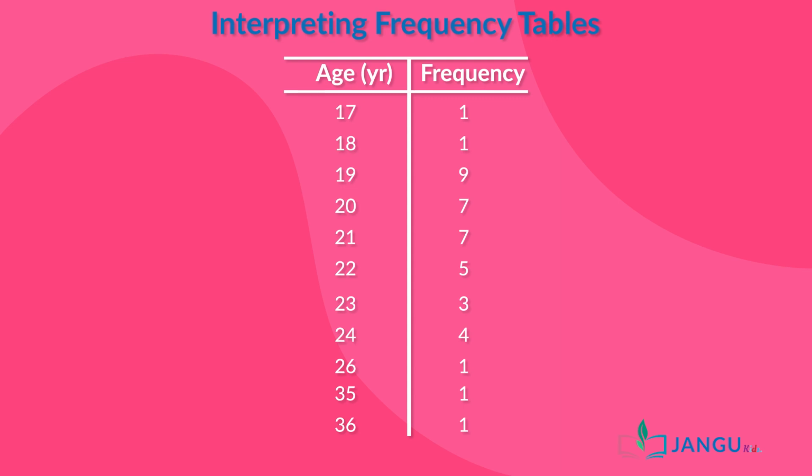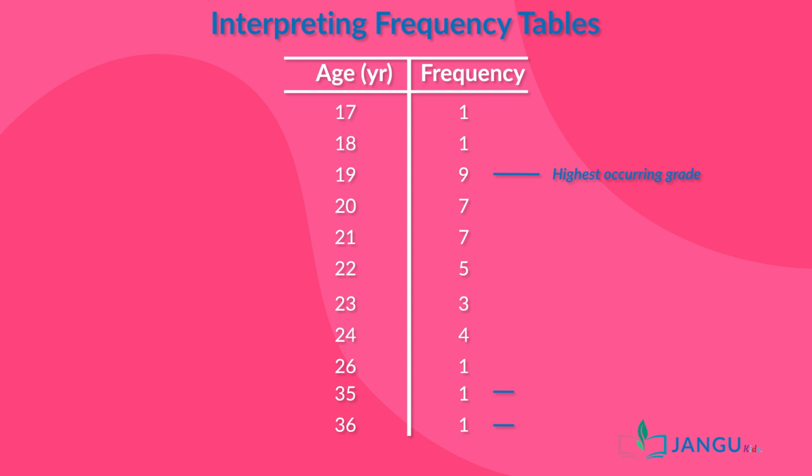For instance, from this already constructed university students' age frequency table, we can deduce that 1. The majority of students in the university are 19 years old because 19 has the highest frequency amongst all the ages on the frequency table. And 2.